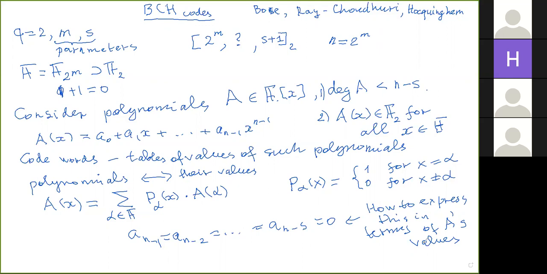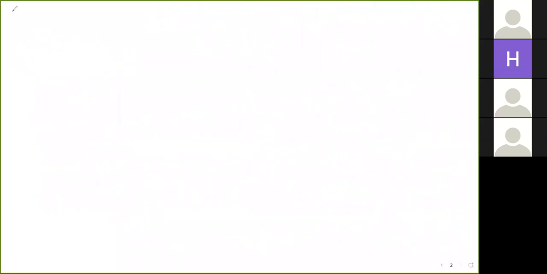And to this end, we will use the property that our field has characteristic 2. And that property allows us to express the Lagrange polynomials in a very simple form. First of all, let's understand a trivial thing.